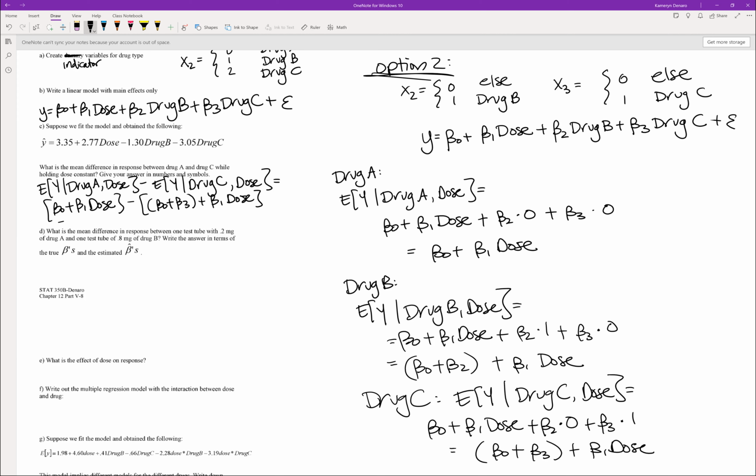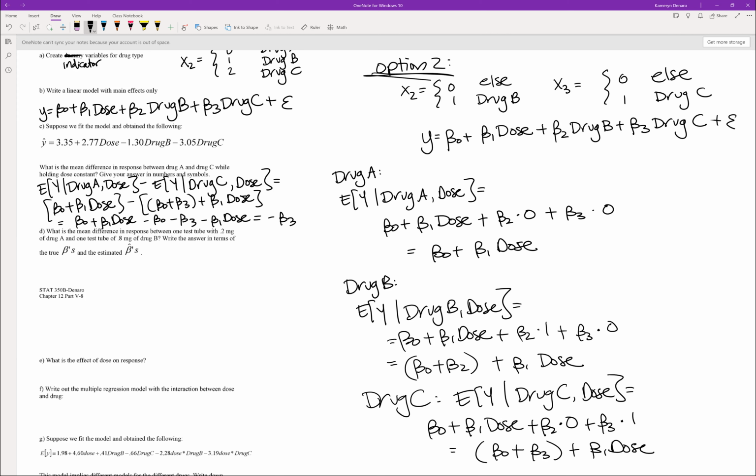And if we do the subtraction, we get beta 0 plus beta 1 dose minus beta 0 minus beta 3 minus beta 1 dose, and all together we get negative beta 3, right?